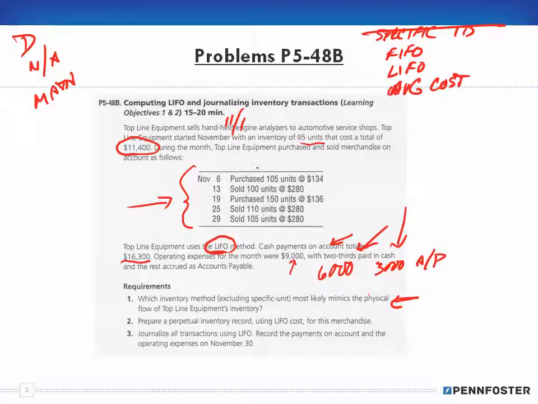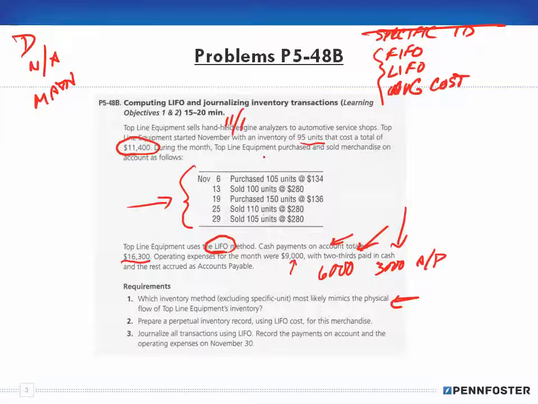So if we look at the information, we start with 95 units and we buy 105 more. And then we sell 100. We're not saying just because they use LIFO, we're trying to decide which one best deals with the physical flow. Well, if I started with 95, I purchase 105, and I sell 100, it would make sense for me to take the oldest first, because you just don't want that old stuff in inventory.